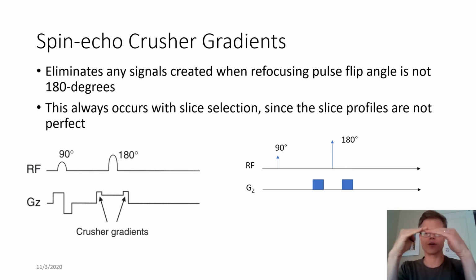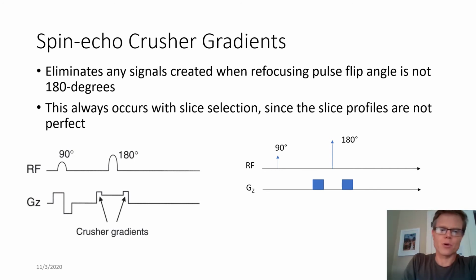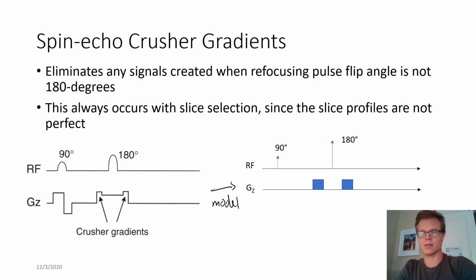They're 180 degrees in the middle, they have some roll off at the sides. So to demonstrate what's going on here, I'm going to use this model simplifying things where we remove these slice selective parts of the gradients and just look at the effect of the crusher gradients. And this is the model we use over the next couple of slides to explain this.